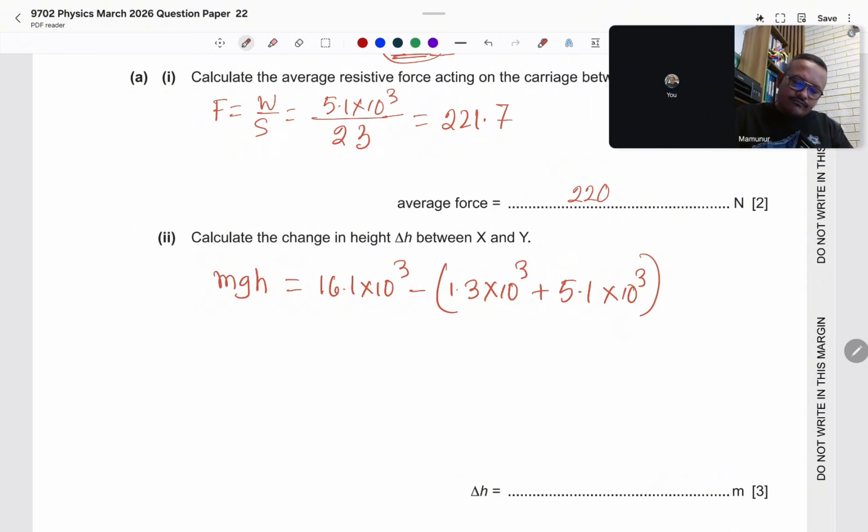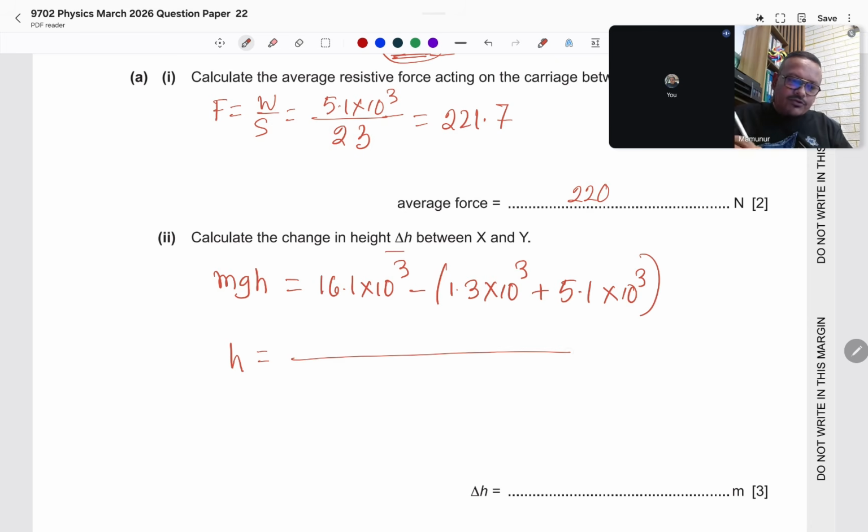So m is the mass, and we need to calculate the height, delta h. So h equals this one, 16.1 into 10 to the power 3 minus 1.3. Okay, I have done the calculation here.